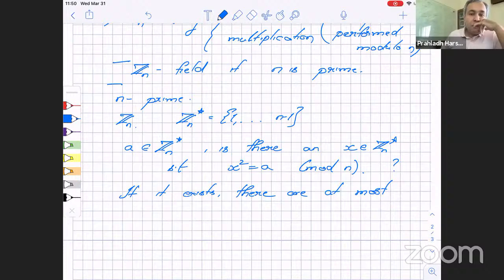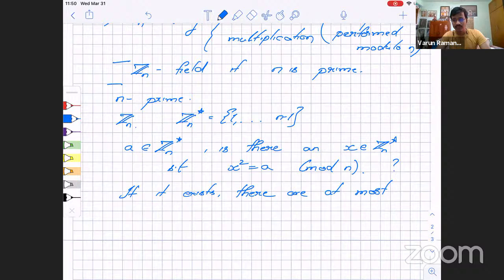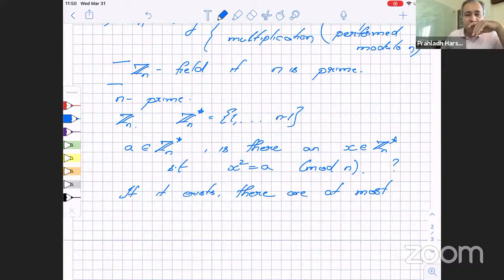That means 2x is equal to 0 mod p. So two things can happen. Either p is 2, in which case 1 is equal to minus 1, or x has to be 0.